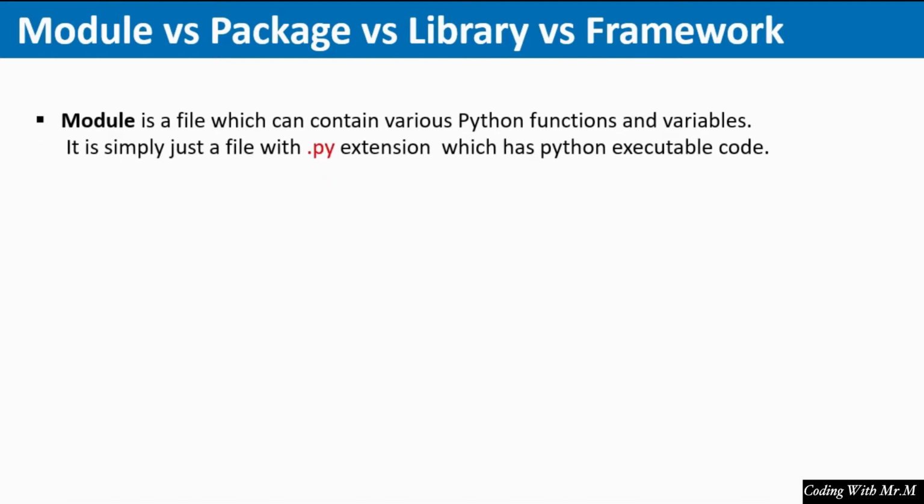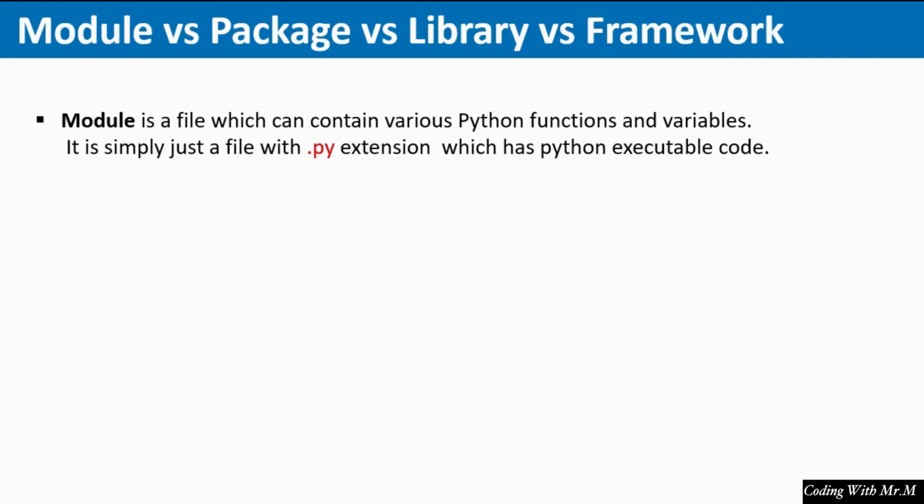A module is simply a Python file, a file that has got a .py extension. Even if you have an empty file, as long as it's got a .py extension, it's regarded as a Python module. It usually contains executable code.